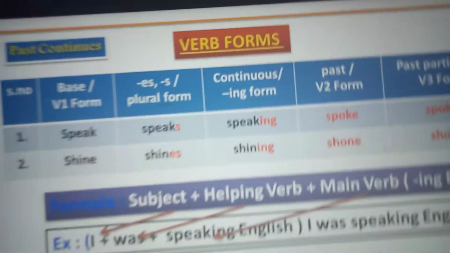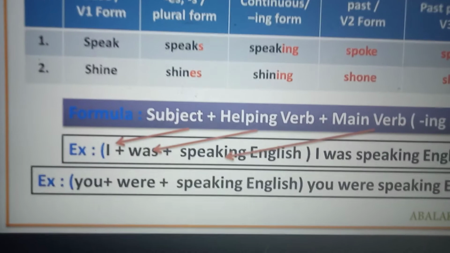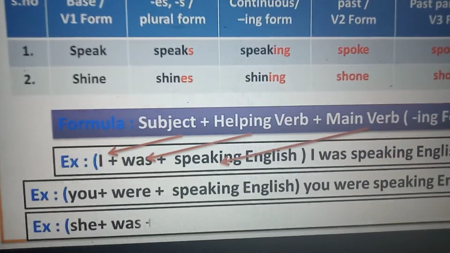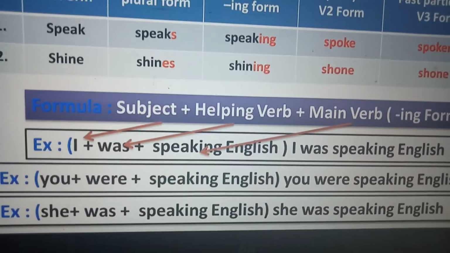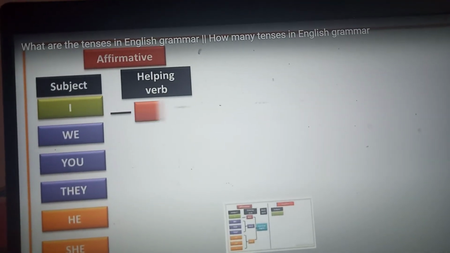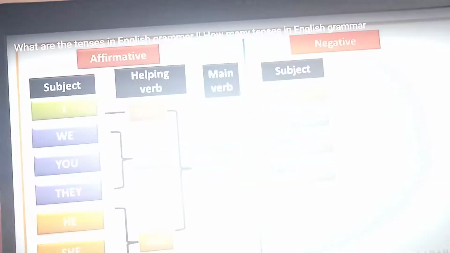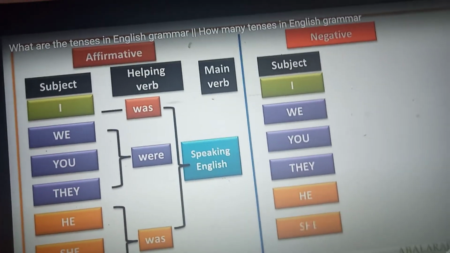I was speaking English. You were speaking. Not "you was"; you were speaking, she was speaking. For the affirmative and negative, examples are given. I was speaking.